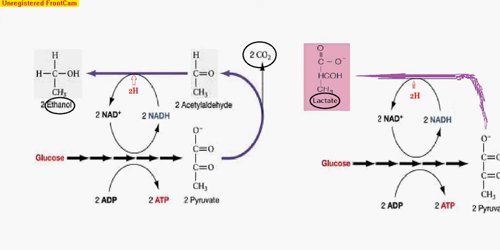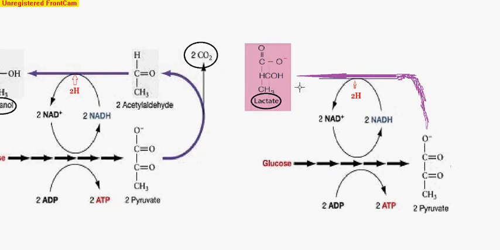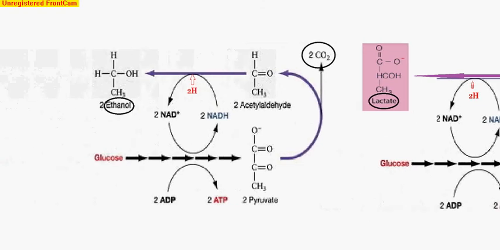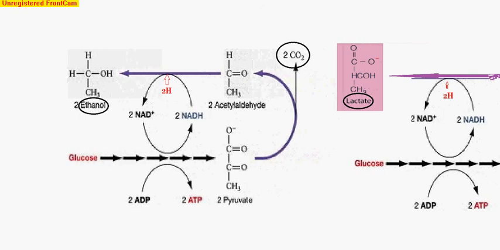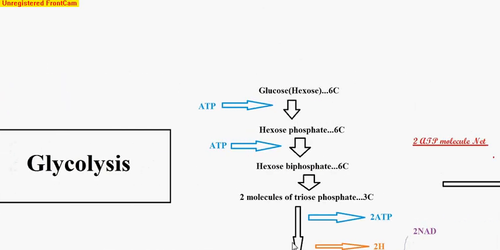But in the lactate pathway, which is in animals, this does not happen that way. This glucose, after forming pyruvate, directly goes on to form lactate. So it's a direct process. This one is faster, and lactate is poisonous, so it forms back other compounds. It gets oxidized and all that.